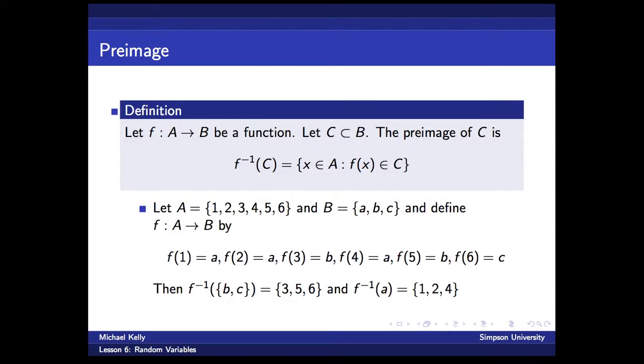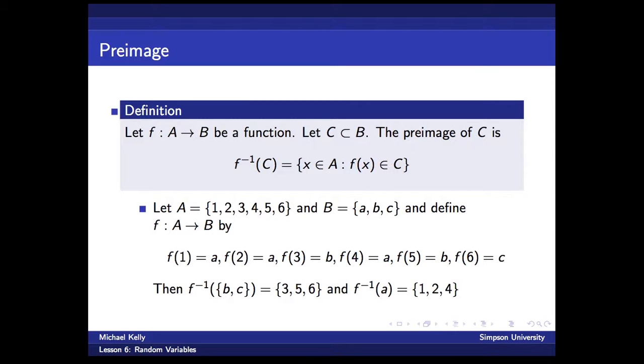For example, let A be the set 1, 2, 3, 4, 5, 6, and B equal the set little a, little b, and little c. And f goes from A to B by f of 1 equals a, f of 2 is a, f of 3 is b, f of 4 is a, f of 5 is b, and f of 6 is c. Then, taking the set {b, c}, which is a subset of the set capital B, we can look at the preimage of the set {b, c} under f, and that's everything that maps to b or c.